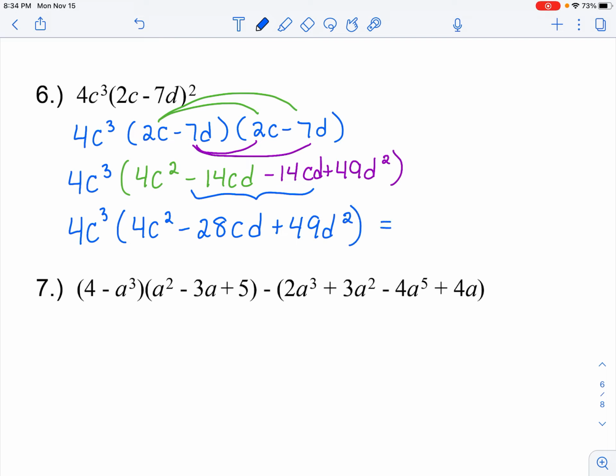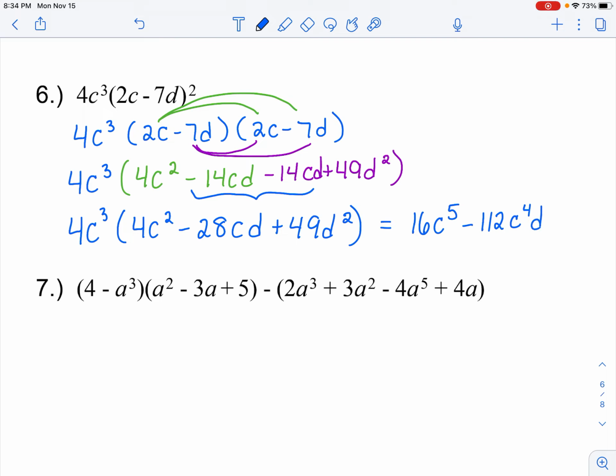Now I'm going to distribute and have a final answer. You don't have to worry so much about standard form when you have more than one variable involved. I should have mentioned that before. All right, distributing 4c cubed times 4c squared is 16c to the fifth, power up to a power, you add exponents. Minus, let's see, 4c cubed times negative 28cd. 4 times 28 is 112.